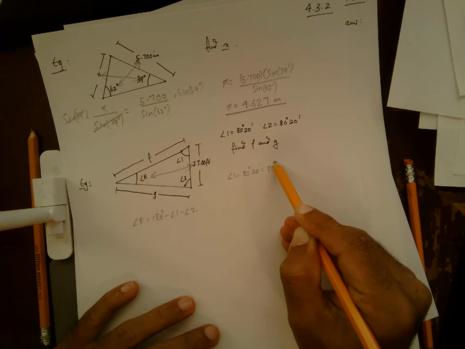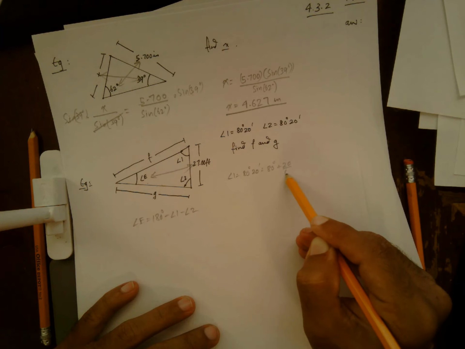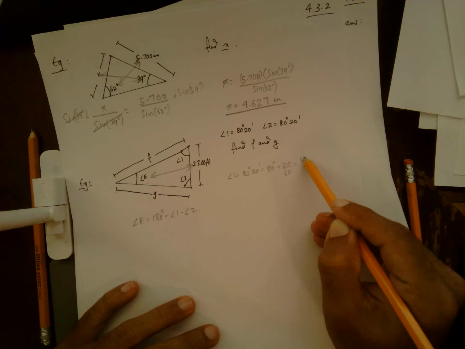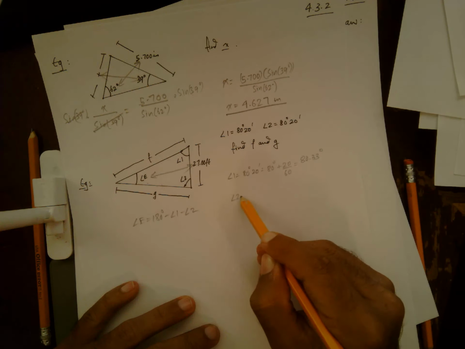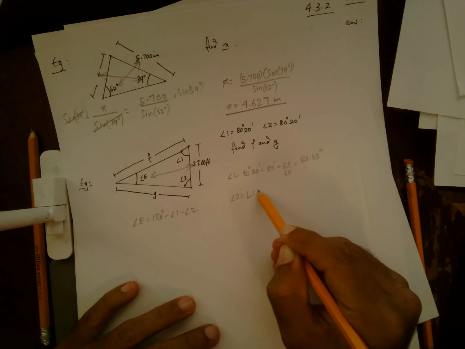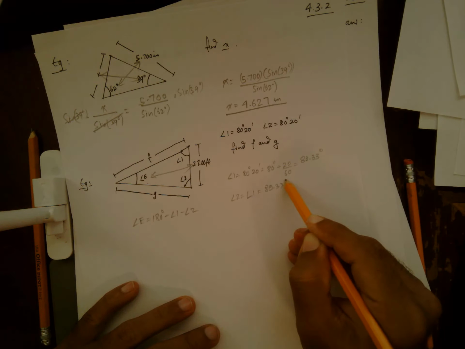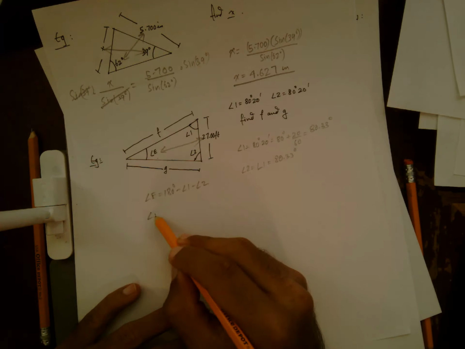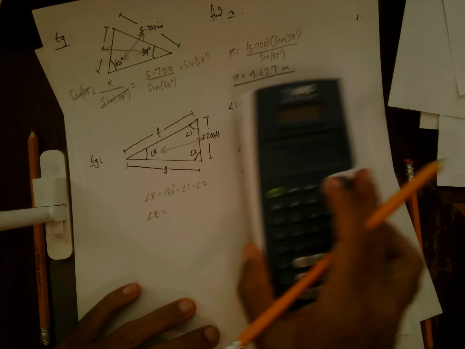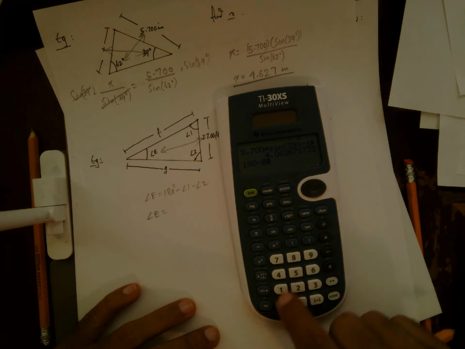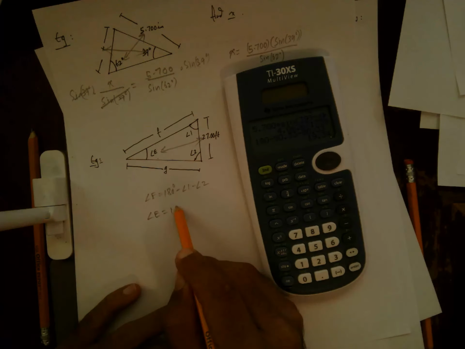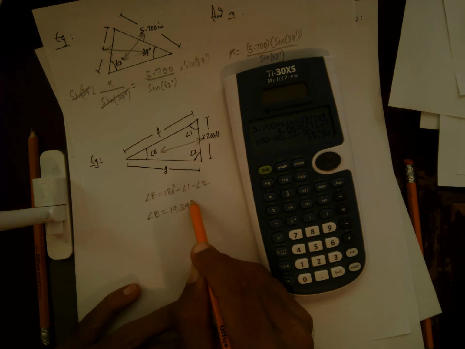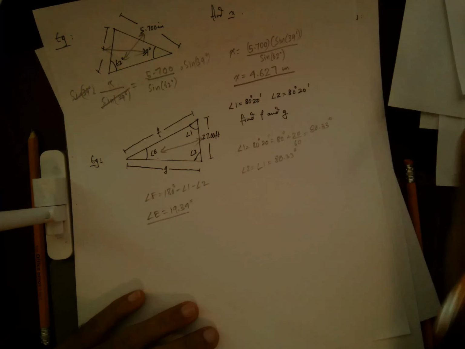This is 80 degrees plus 20 minutes over 60, so that's 80.33 degrees. And angle 2 equals angle 1, so it's also 80.33 degrees. So angle E is 180 minus 80.33 minus 80.33. It's 19.34 degrees.